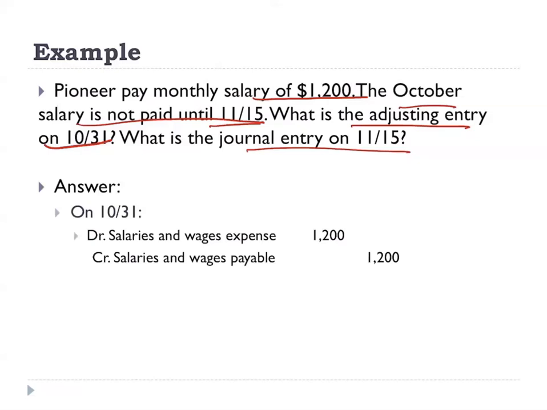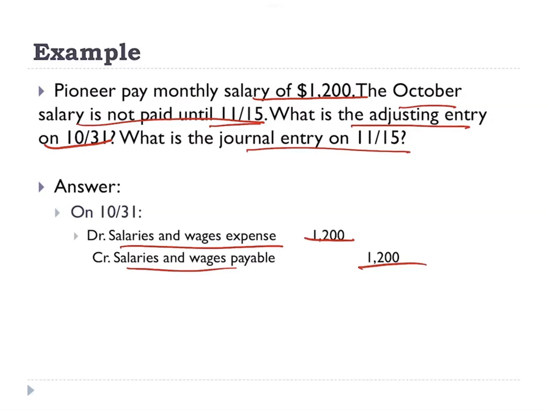On October 31st, even though the firm hasn't paid any salary yet, because the employees have worked for the firm for the whole month of October, the firm needs to recognize salary and wage expense in the month of October, which is $1,200. And because the firm hasn't paid it yet, that becomes a payable for the firm, which is called salary and wage payable.